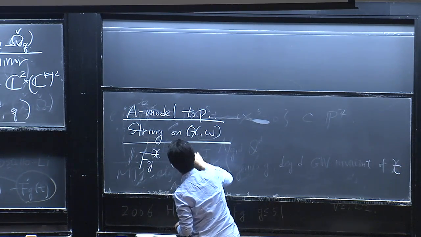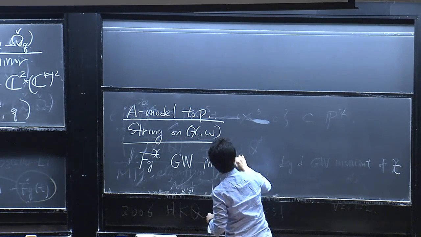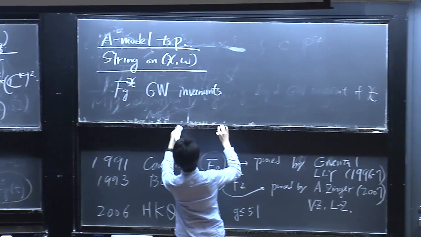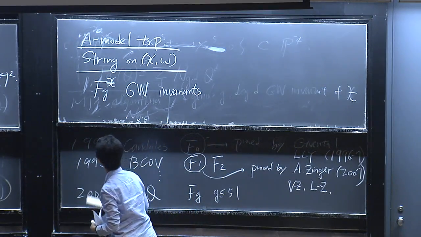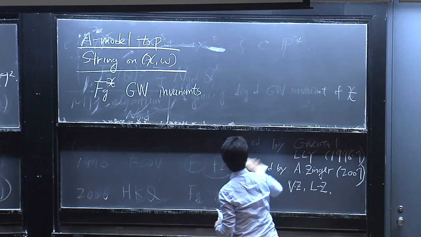Because these X are non-compact, they are actually defined and computed by using this torus action.